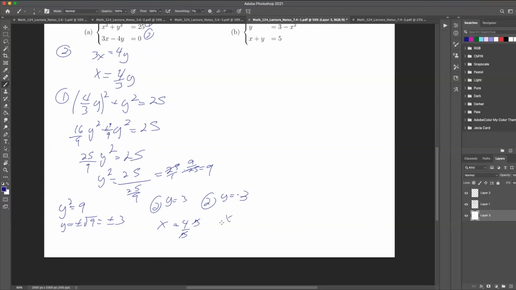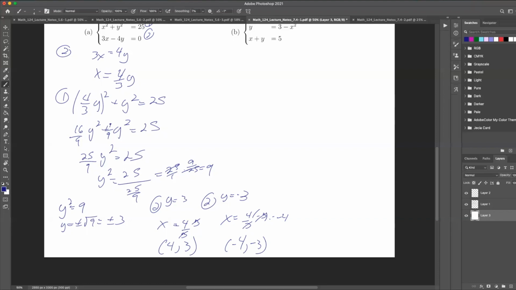And here I'll have x equal to 4/3 times minus 3, so x equals minus 4. And so here I have my two solutions: 4, 3. And then minus 4, minus 3. Oops, I have that backwards. Sorry, don't mind my dyslexia. And so I have these two solutions.